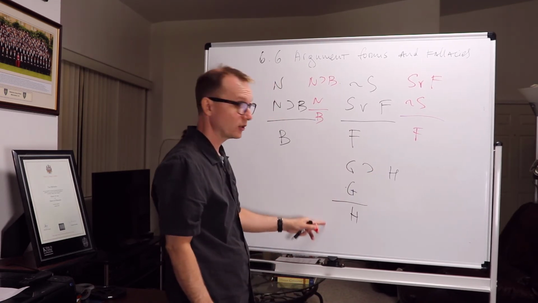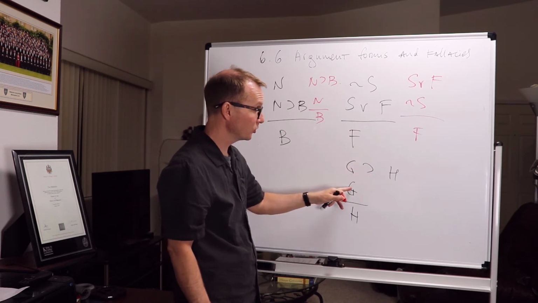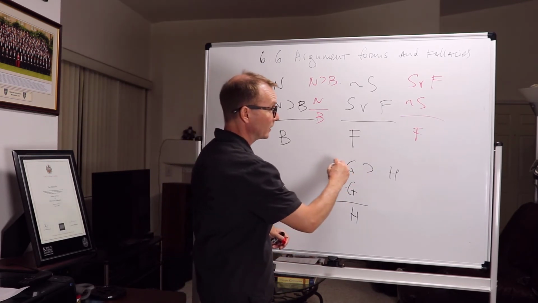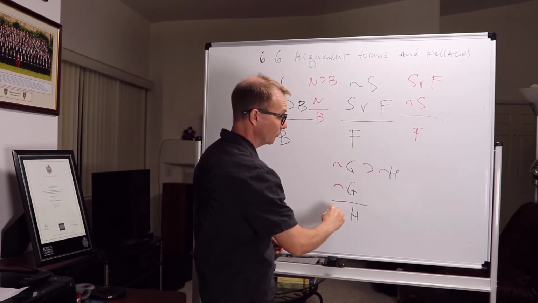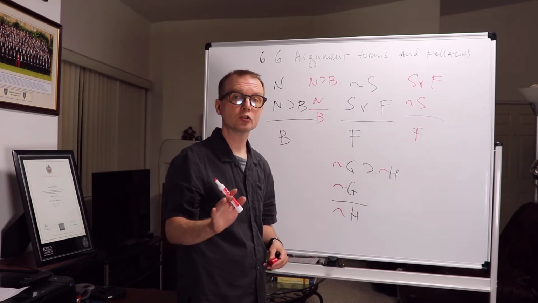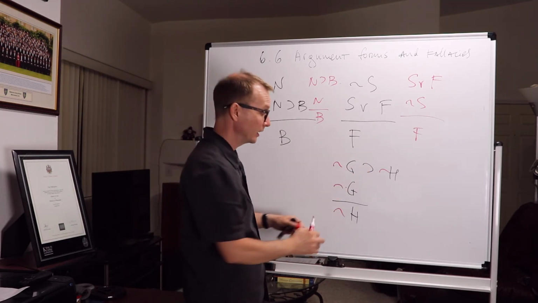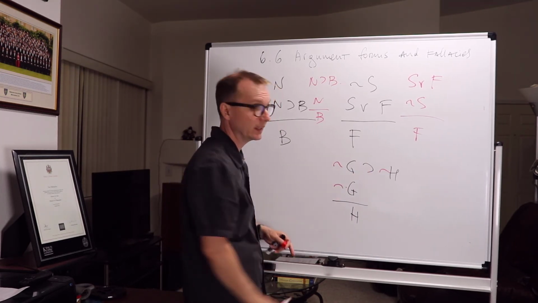So that actually is a valid form. If G then H, G, therefore H. But if you have negations, what does it change? Nothing. Absolutely nothing. The only thing you should look for is, if it happens to be twice, one time it does not have a negation.